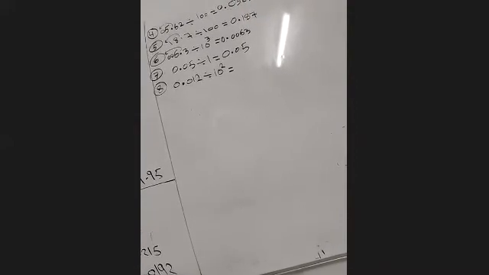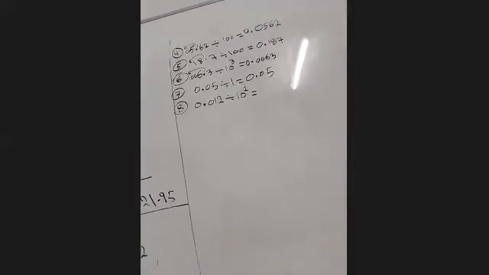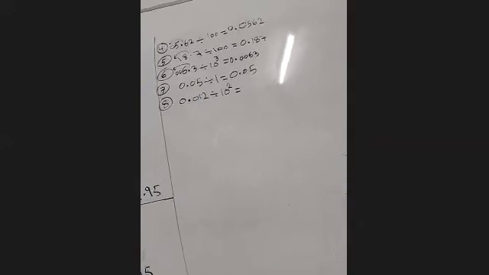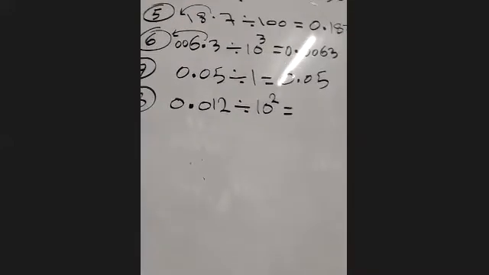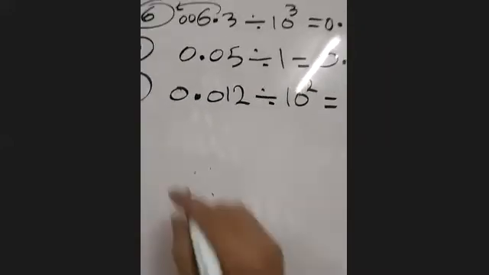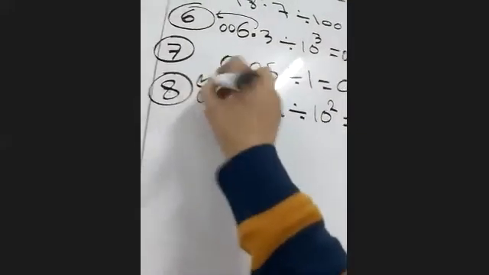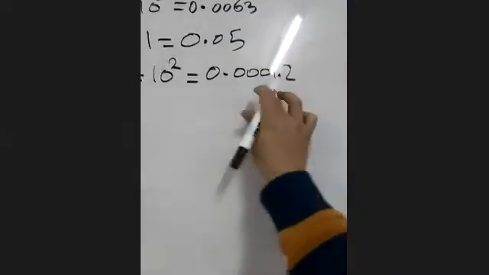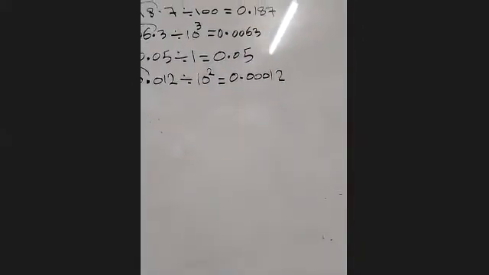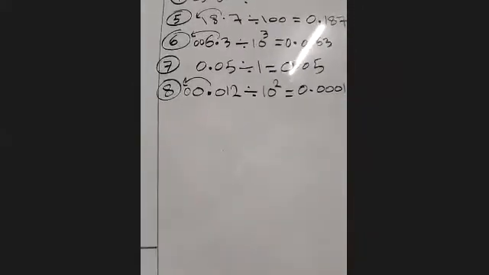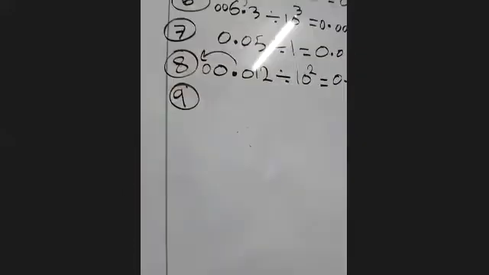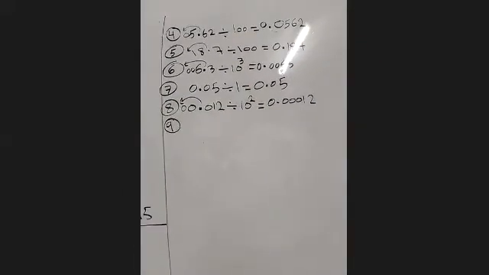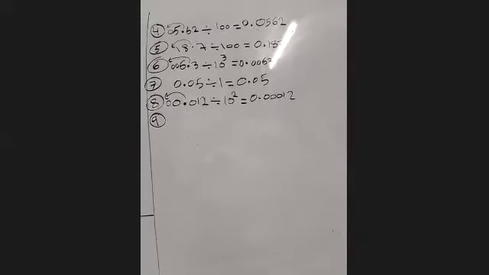First we put 0.0012. 0.00012. 3 zeros. Right? Good boy. Thank you. Question 9. Do you understand it, Ahmed? Yes. Good boy. Question 9, guys.